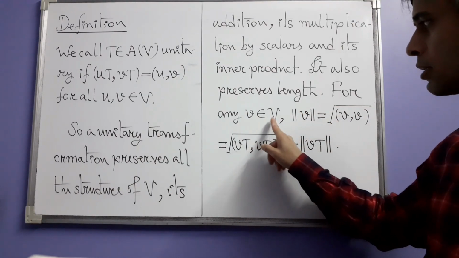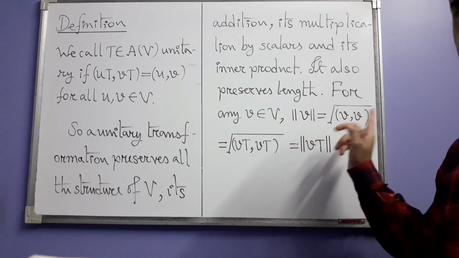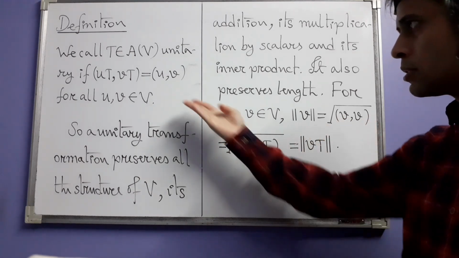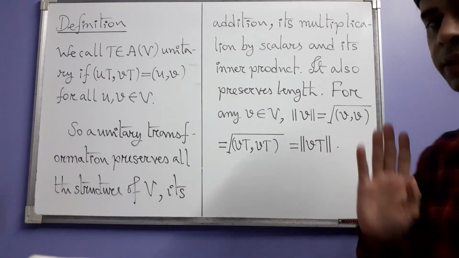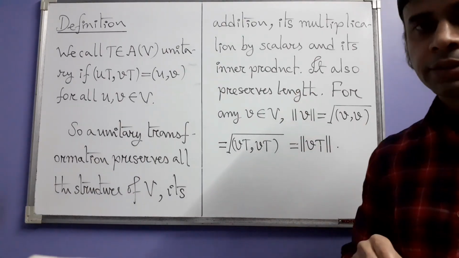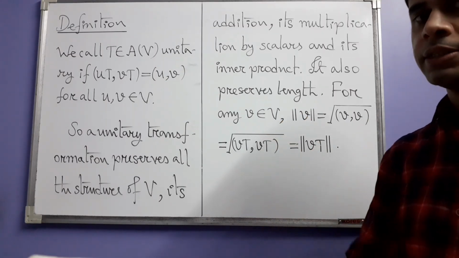You take any vector from the space, then its length by definition is the square root of its inner product with itself. This, however, is equal to this by the definition, and which equals the length of Vt. So applying a unitary transformation to any vector in an inner product space preserves its length, it does not change its length.